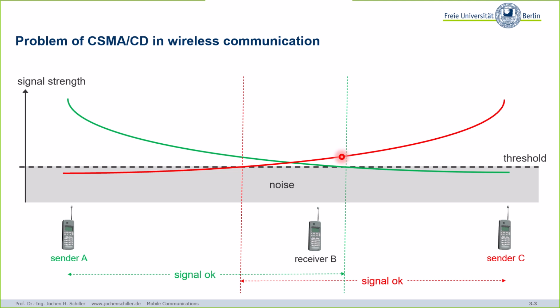And the same is true the other way around, for the other sender. Then we see there's a certain overlap where the receiver B can receive both signals, but, and that was the main point, we will never see the collision at the sender A, because this collision happens somewhere in this range where receiver B is.